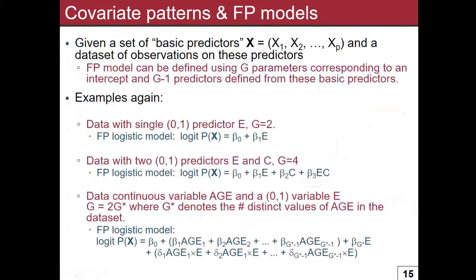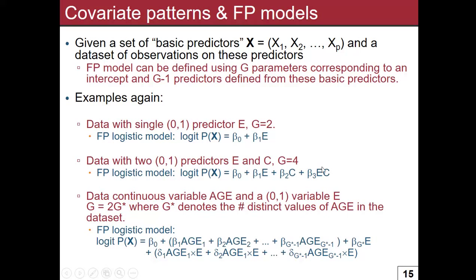And so why are we talking about this? This relates to the fully parameterized model, as I suggested earlier. Given some basic predictors x1 to xp in a data set, you can make a fully parameterized model, and it always has as many terms in it as you have unique profiles.